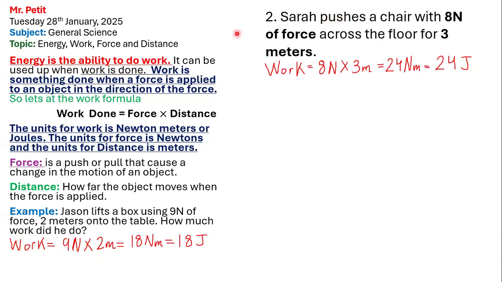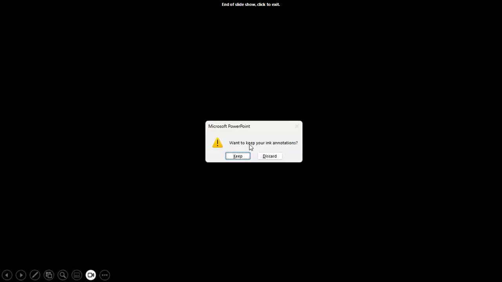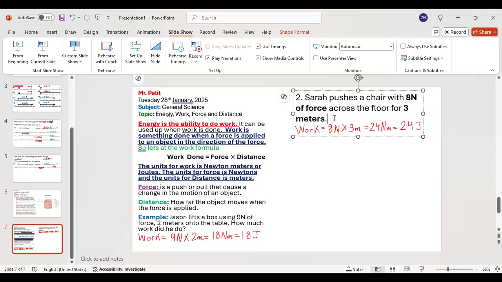Sarah pushes a chair with 8 newtons of force across the floor for 3 meters. You want to figure out how much work is done.